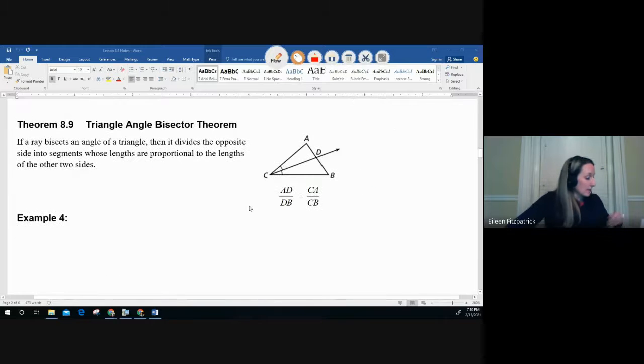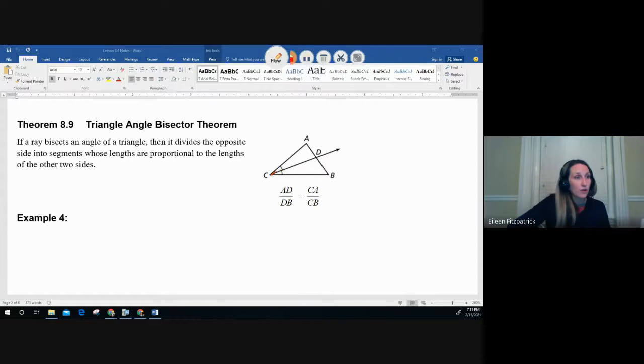All right, I think this is the last theorem. Let me look ahead. Yeah, this is the last theorem, the last example. This is the triangle angle bisector theorem. And this says that if a ray bisects an angle of a triangle, so again, focus on triangle ABC, and this ray is cutting angle C in half, the ray is also dividing this segment proportional to the other two sides of the triangle.